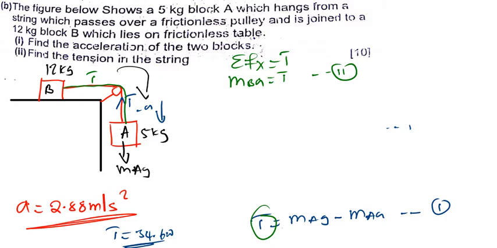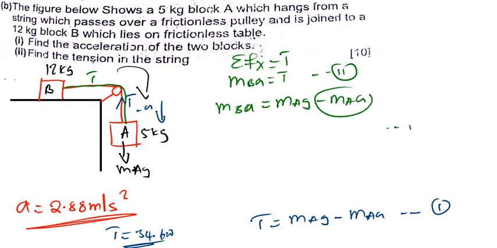Okay, so then we'll say mba should be equal to mag minus ma. Shift this to the other side, so it will be mb plus, I have got a, then ma should be equal to mag. Now I can factor out a, so I'll have a times ma plus mb.